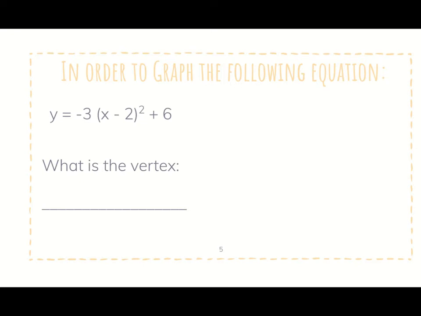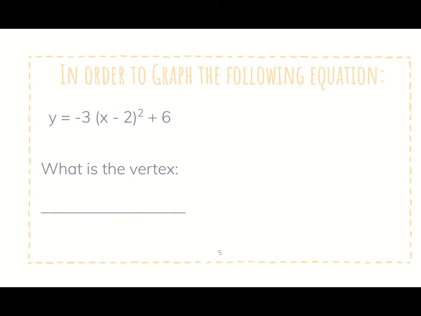Hopefully you told me that the vertex was 2, 6, because it is. Our vertex comes from these two values, and we want to think opposite, same. Opposite of -2 is +2, same as 6 is 6. So we're going to use 2, 6 as one of the points on our graph.